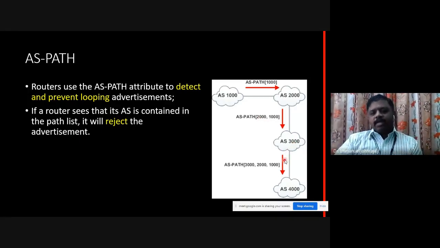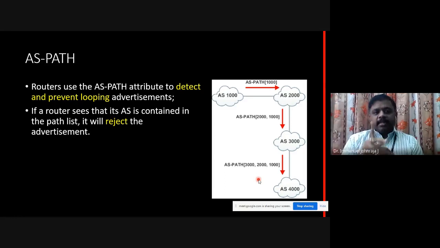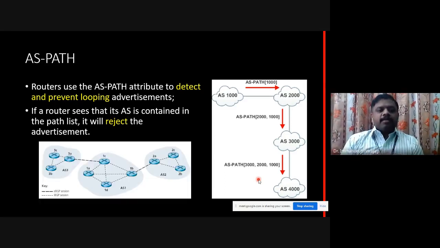When it is forwarding, it is prefixing that ID. So you will understand that autonomous system 3000 is at the head of this list, from where you got the recent update, not from 2000 or 1000. It is from autonomous system 3000 you got the update. When you are redistributing the information, this AS path is going to help you a lot. So I'll take the same example here.